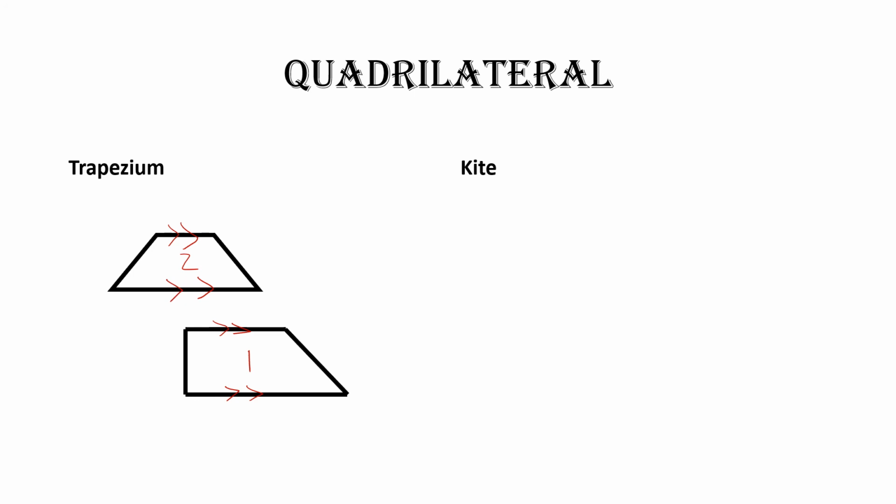That is important. And what could I tell about a kite? I tried to put a kite here, looking more like a rhombus. This one is often also referred to as a diamond. I never liked the idea of calling it a diamond though, but that's what they teach some students in primary school. In a kite, really what you need to know is that these two top sides are equal and these two bottom sides are equal.